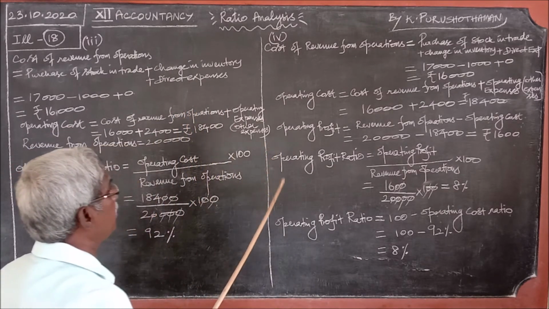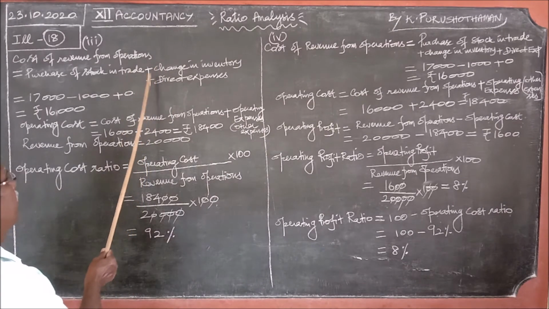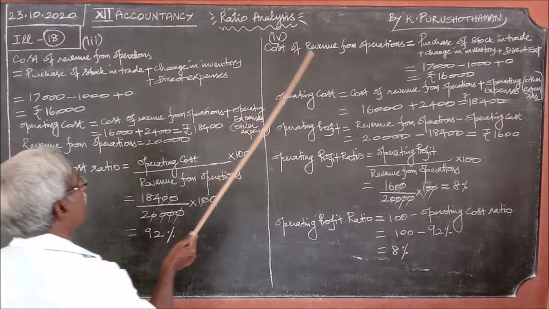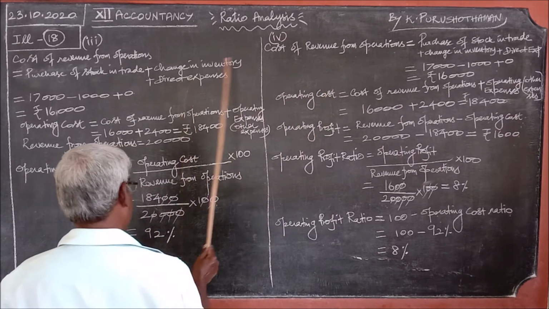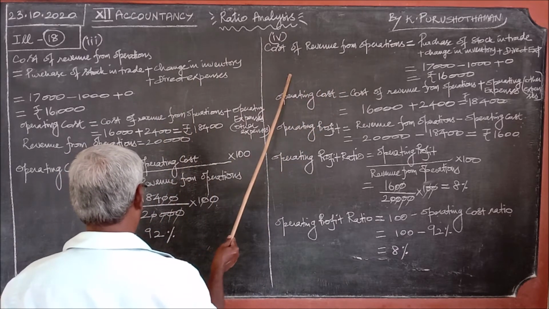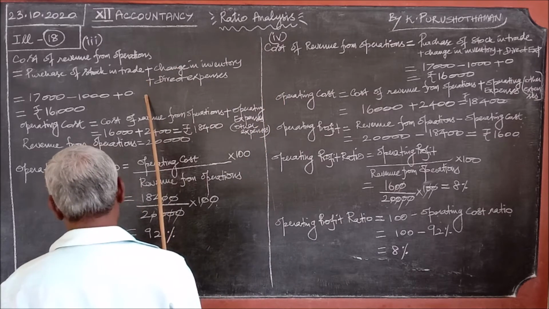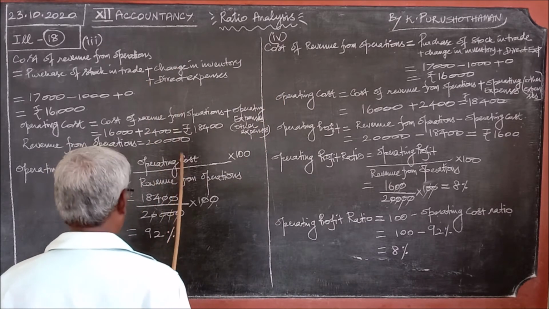When finding the gross profit, we put this in. Then why should we write it again here? Why should I do the cost of revenue from operations again here? If these questions are separately asked, you should find it, and only after finding this can you come to the formula.